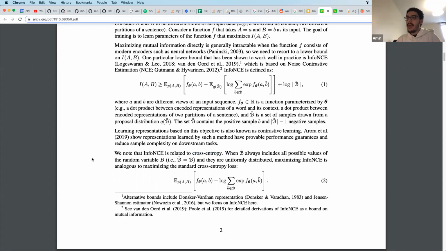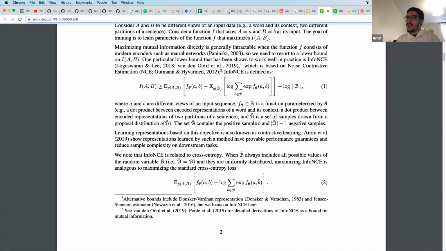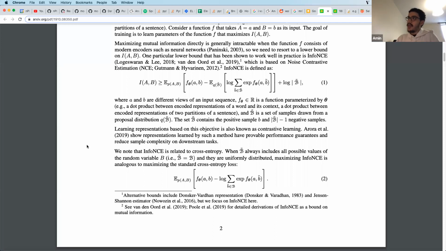So in cases where your noisy set, which contains the word that you want and a bunch of negative samples, includes the entire corpus, this just becomes a standard cross entropy loss, and there are some methods which don't use negative sampling, like for example BERT, and that comes at the cost of computational efficiency, but you don't need to approximate in that case.